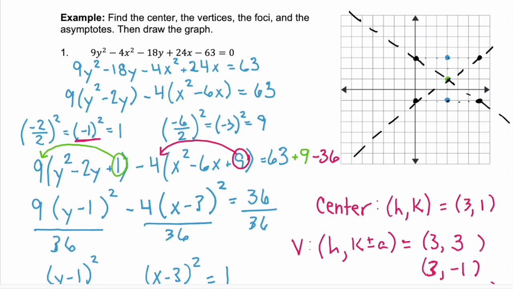Now we have enough information in order to complete this graph. Or if we needed to pick it out from a lineup, we know what it's going to look like. So we know that this upper part is going to approach these two asymptotes but never touch, and likewise with the bottom. There you have the graph of this crazy hyperbola.